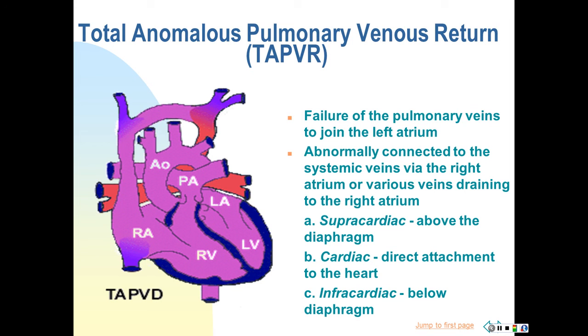So when we get a TAPVR, what we have to find out, and it's not us, it's the docs, either by sono or by cardiac cath, is where those pulmonary veins are. Have they connected, as in this picture again, with the innominate vein? Have they connected into the right atrium with the coronary sinus, which is where the coronary veins drain back into the body?